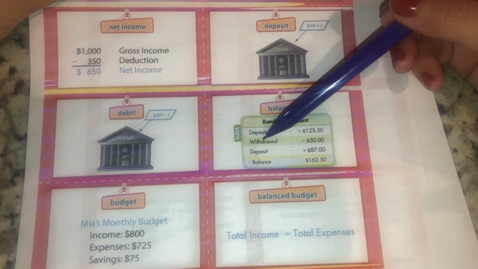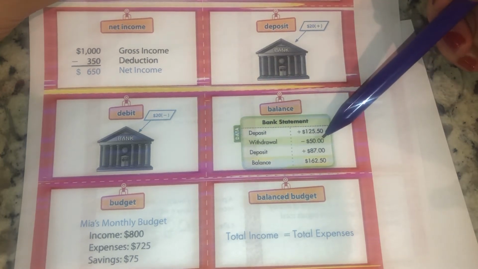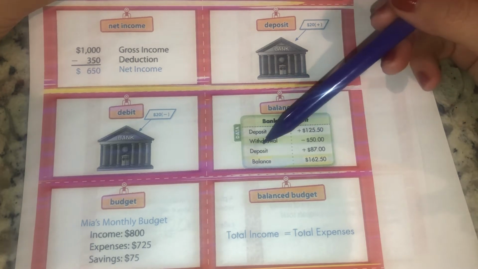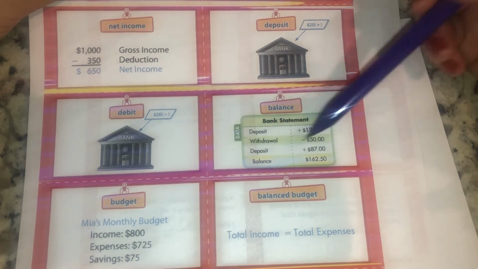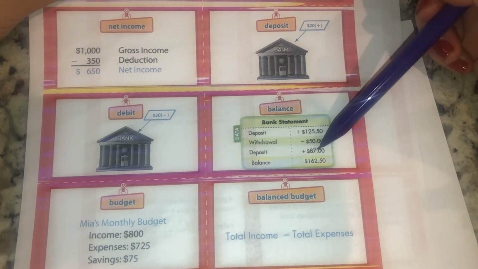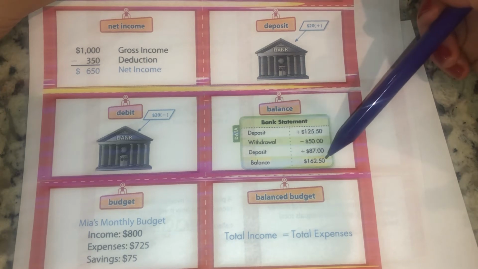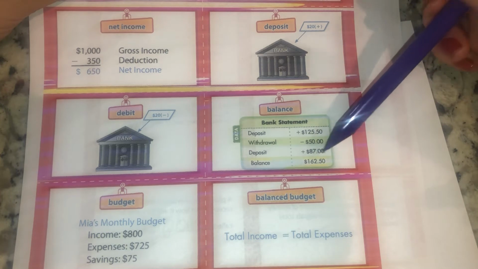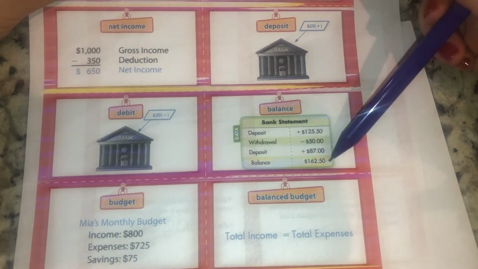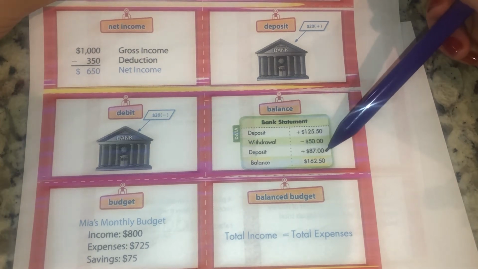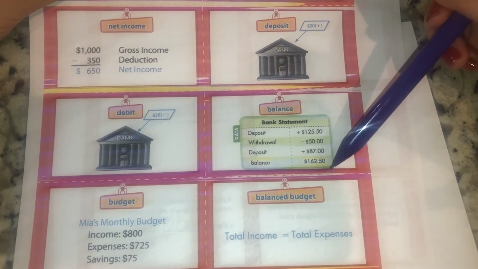So I have to withdraw. That means I take out $50. That's called a debit. And then let's say that I get money for my birthday. So I deposit $87. And then my balance is how much I have left over after all of these transactions happened, my final balance.